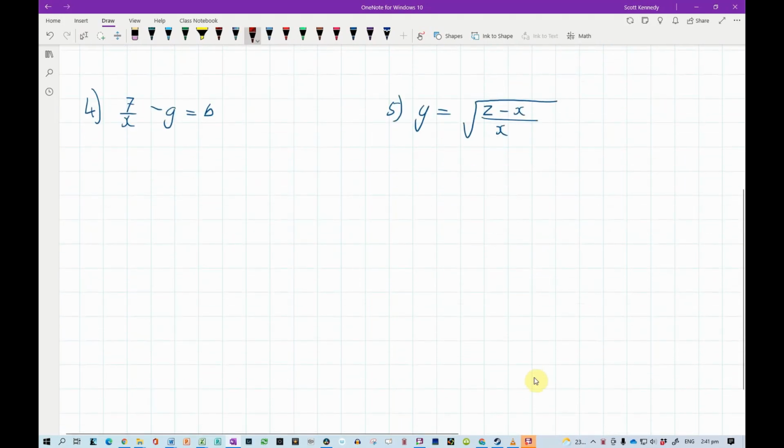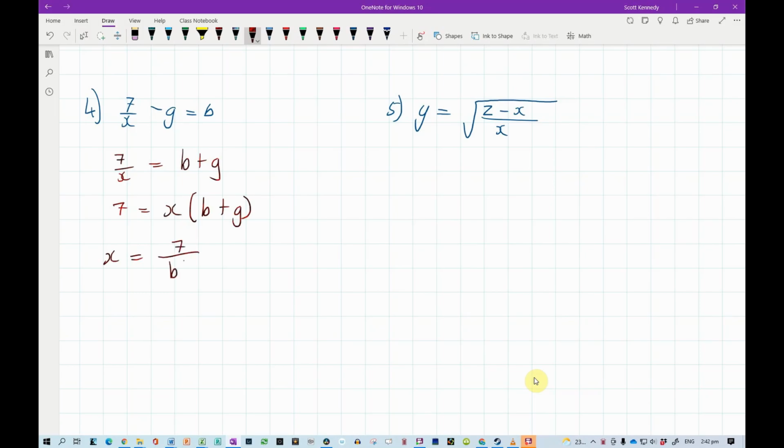This next one, there are a couple of ways of doing this. The way I'm going to do it is I'm going to move that g across, so I'll get b plus g. Then I'm going to multiply everything by x, and instead of multiplying each of the b and g by the x, I'm just going to leave it bracketed, because that makes it much easier to divide the 7 by that b plus g.